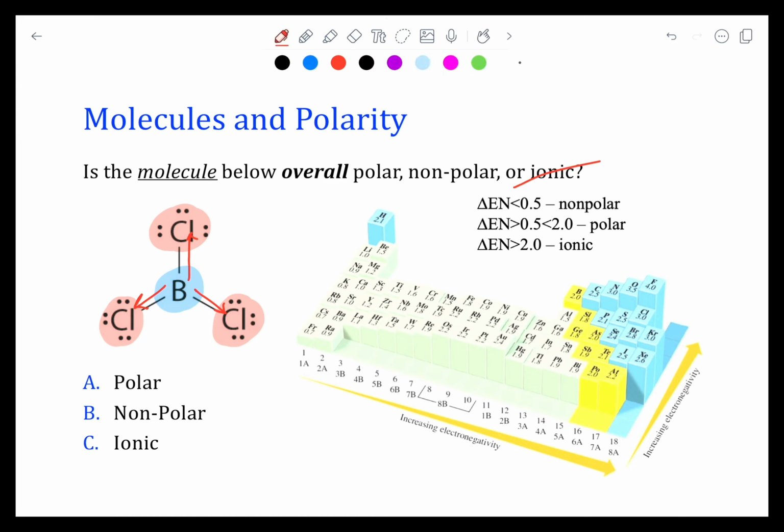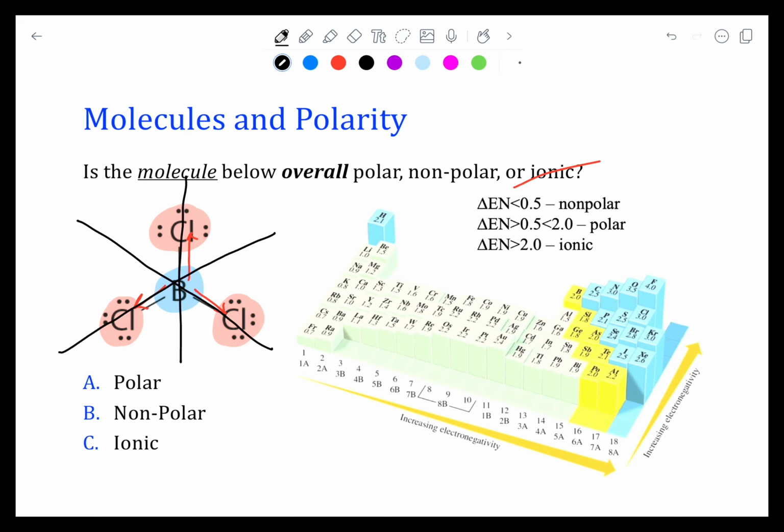Now if we look at this, this is a symmetric molecule, right? There's a line of symmetry, there's a line of symmetry, and there's a line of symmetry. You can also think of these arrows as being pulled in equal but opposite directions. They're all being pulled towards chlorines, but those chlorines are all 120 degrees from each other.